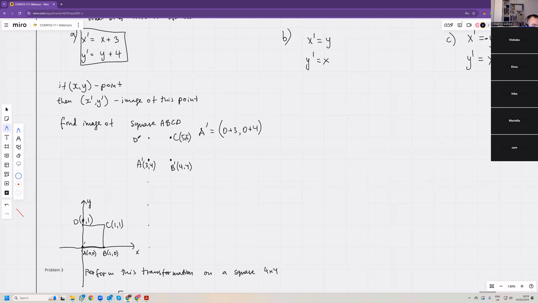And D dash has coordinates (3, 5). And that's the image of this. And you can clearly see that this is a translation by vector (3, 4), or in our notation T, 3i plus 4j. That's it.